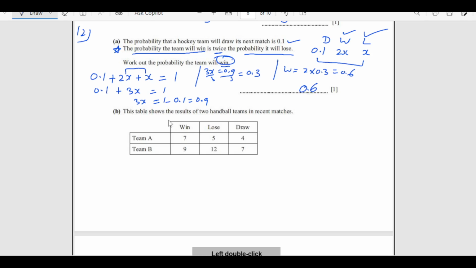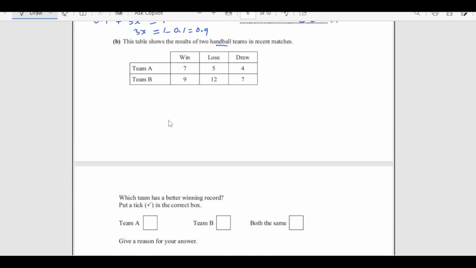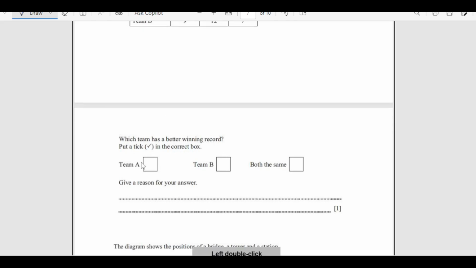Right. Now part B, this table shows the results of two handball teams in their recent matches, team A and team B. Now the question is, which team has the better winning record? Put a tick in the correct box, team A, team B, or both are the same. Give a reason for your answer.